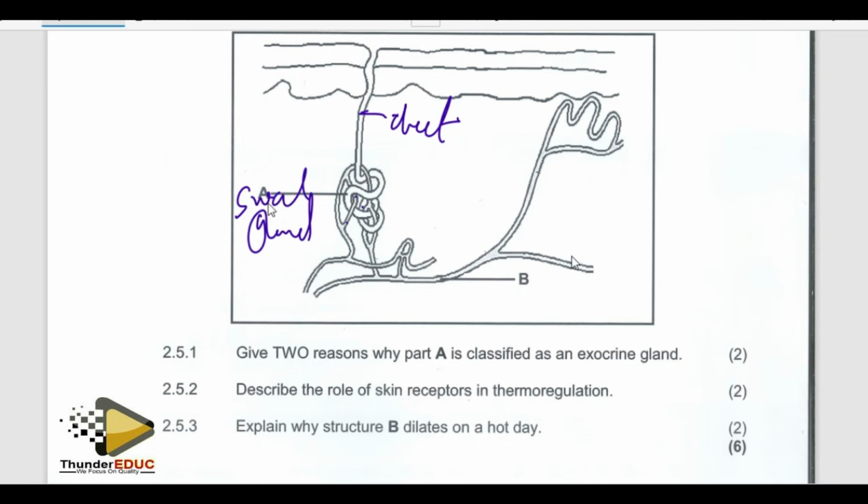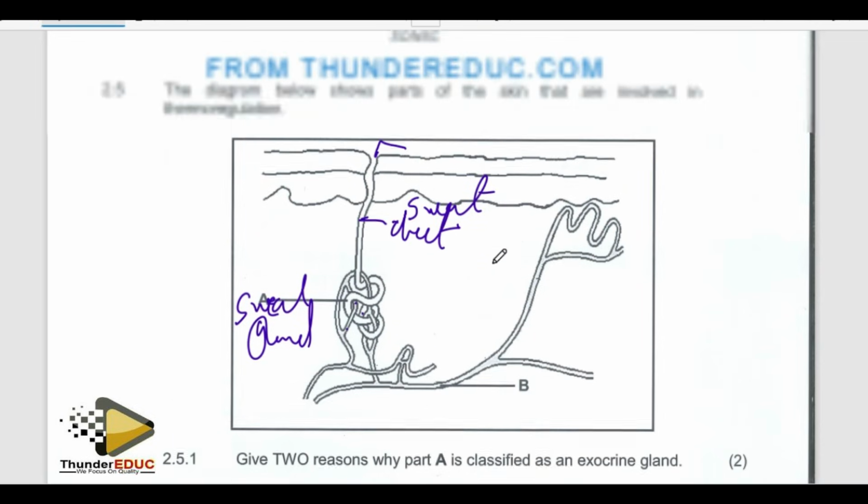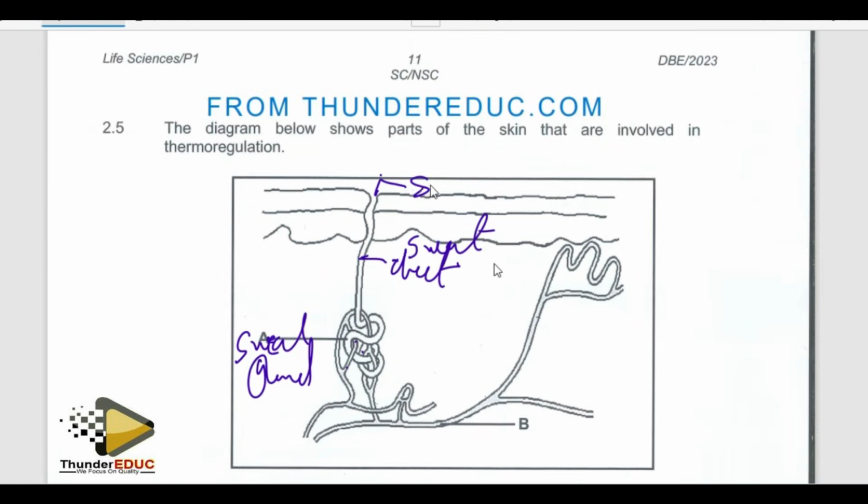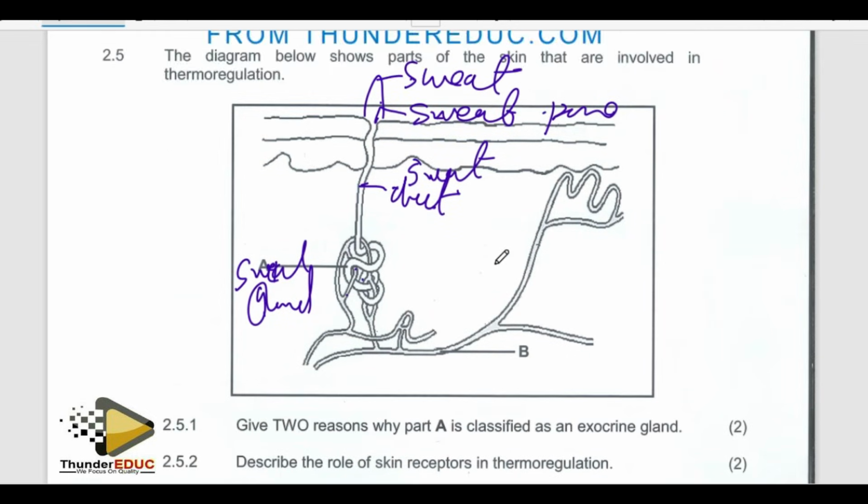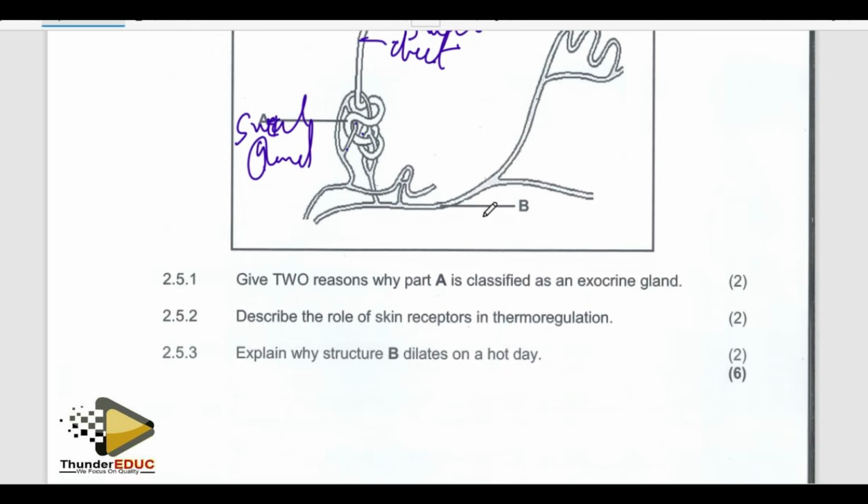Add the word sweat. Sweat pore, sweat duct, sweat gland. Then these are capillaries. All right. Those are the things which you need to know about the structure of the skin.